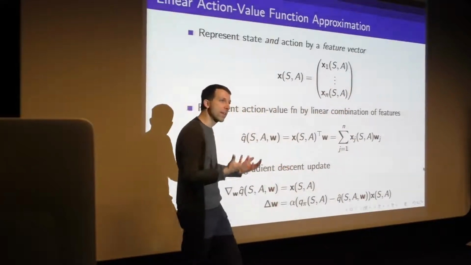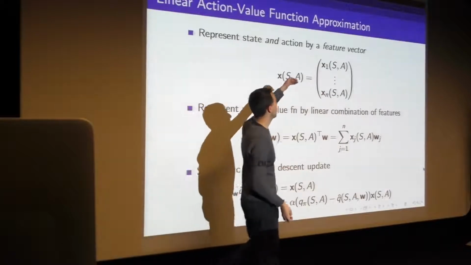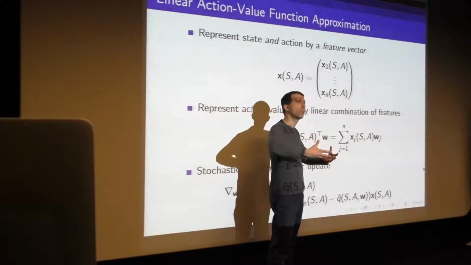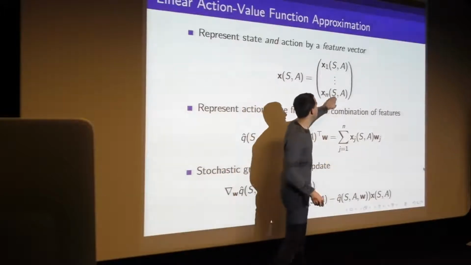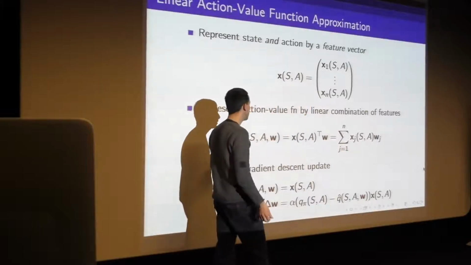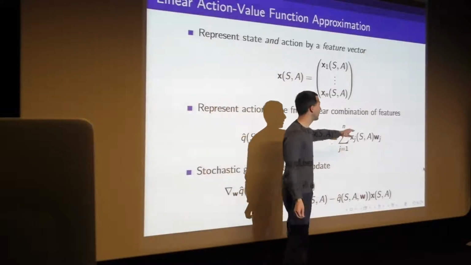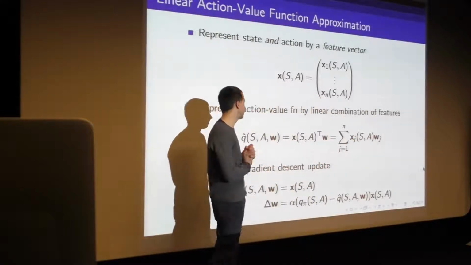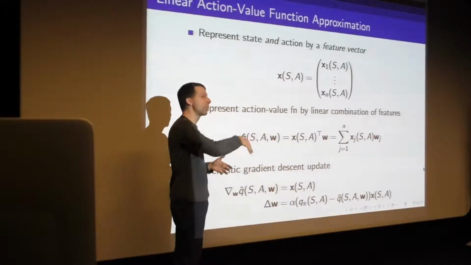And so that's going to give us a feature vector that tells us about the whole state action space. And so we can build up a picture of what this whole combined state and action space looks like, or what's the value of all of these things. The simplest way to do that is by building a linear combination of features. You could also do something more sophisticated like a neural network, and then just follow the gradient.